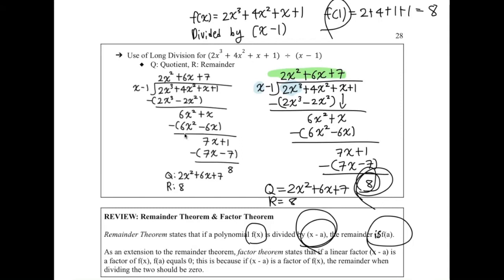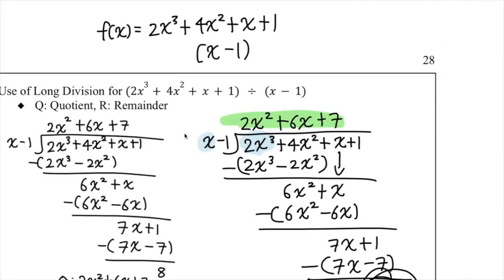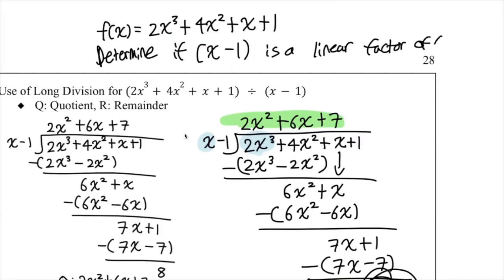So an easy method of finding whether something is a linear factor or not is by using the factor theorem or the remainder theorem. Say that they give you f of x like this, and the question is: determine if x minus 1 is a linear factor of f of x, right?